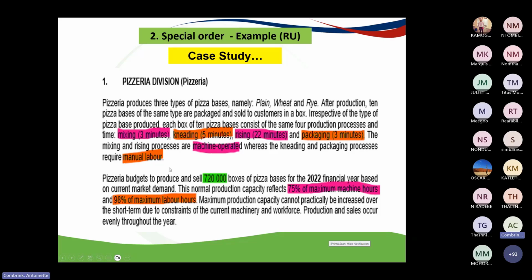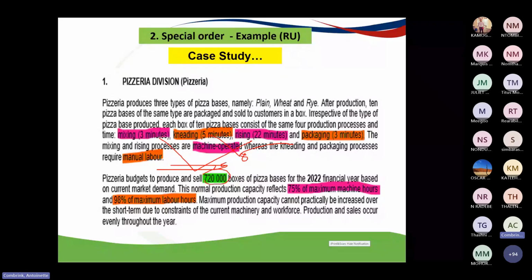So here I would make a note for myself: 8 minutes for the kneading and packaging, and 25 minutes for machine operation.